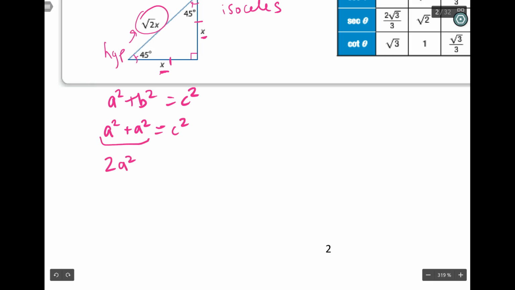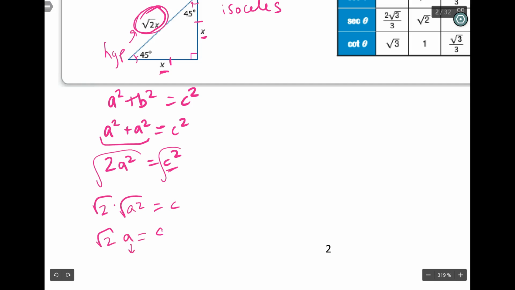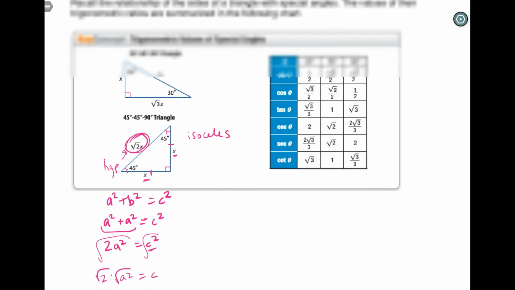This is going to be 2a squared is equal to c squared, and I'm trying to prove that the hypotenuse is the square root of 2 times your side length. So I want to solve for the hypotenuse, so square root both sides. The square root of 2 times a squared, well, the square root of something squared is going to be itself, so square root of 2 times a is going to equal c. Here our a is going to be my side length, which is x, and c is going to be what my hypotenuse equals. Cool. So that was just a little aside.